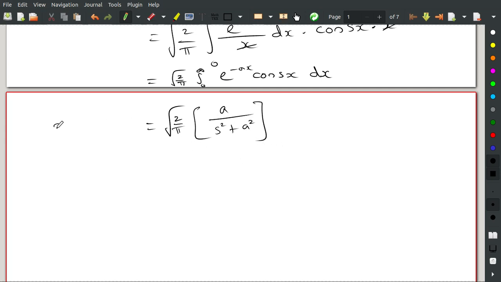And this side we still have d by ds of the Fourier sine transform of s. So we have to get rid of this ds, so we are integrating with respect to s.